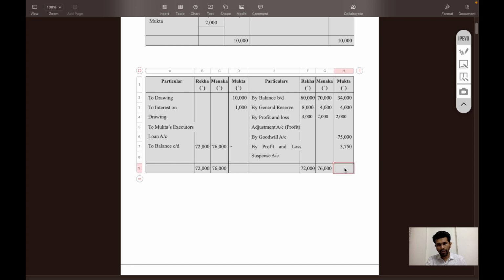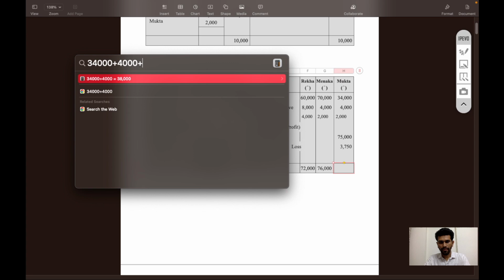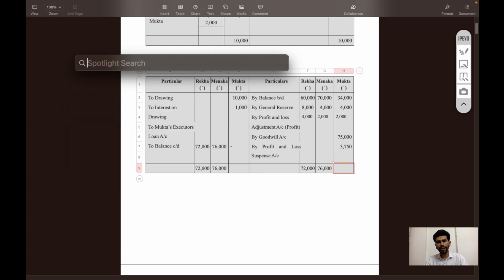So now we will calculate the total of Mukta capital account credit side, that is 34 plus 4,000 plus 2,000 plus 75,000 plus 3,750. Total is 1,18,750.